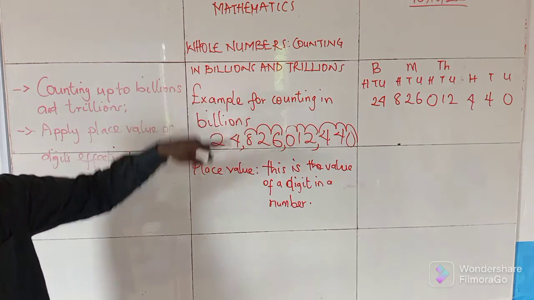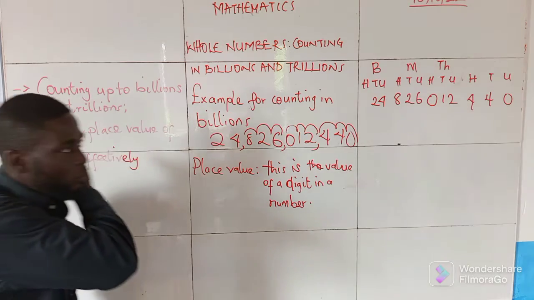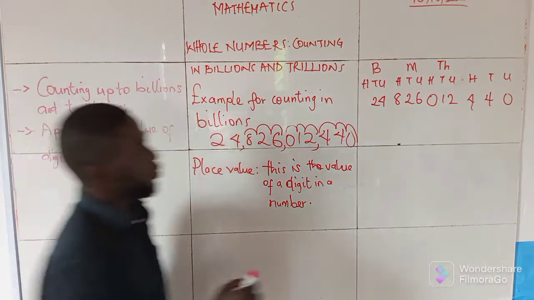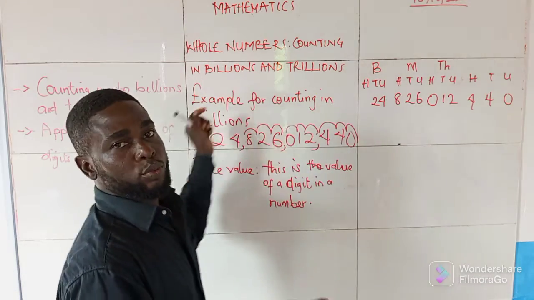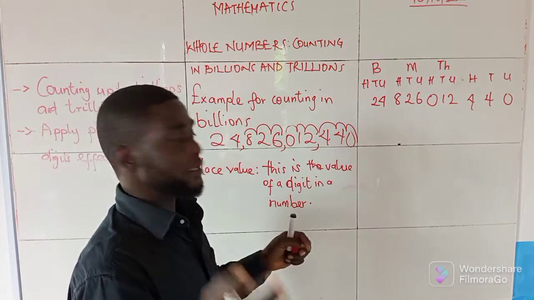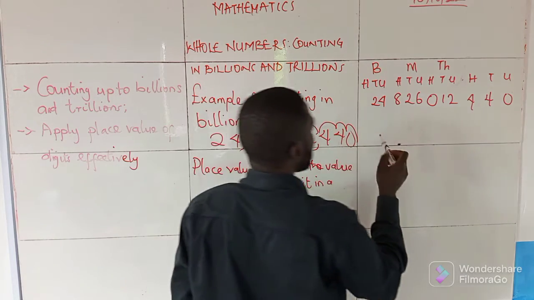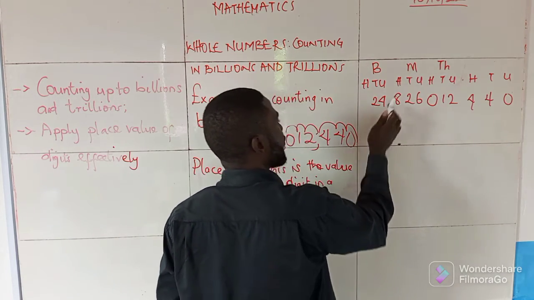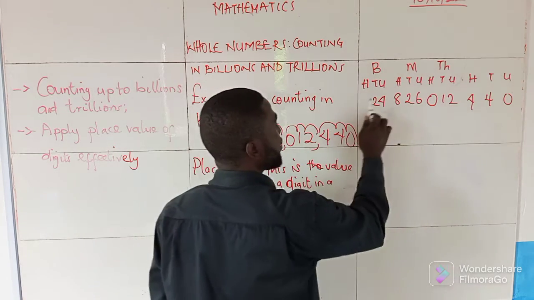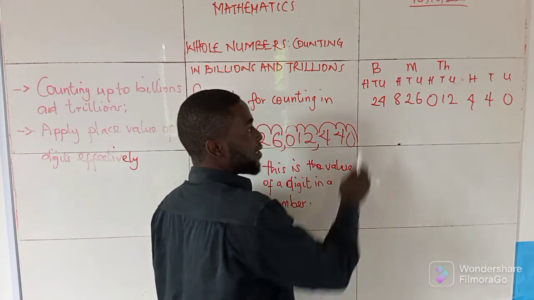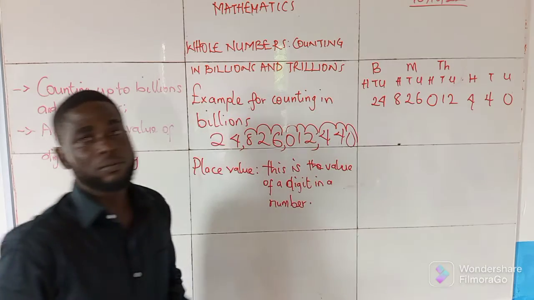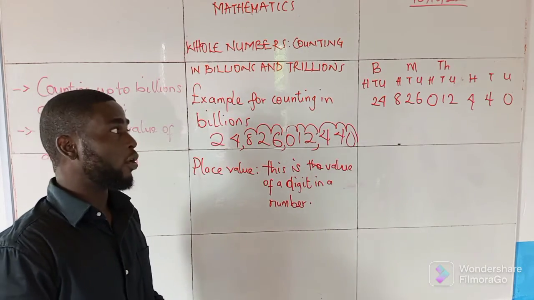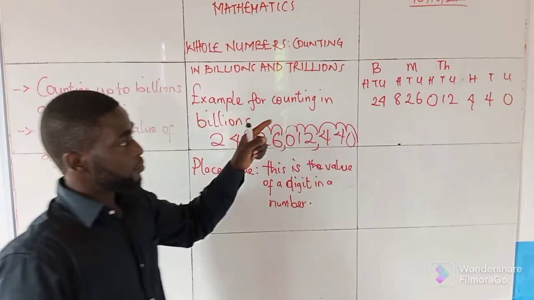And in doing that, I can now successfully name what number this is. So let's go. We'll start naming from the largest group to the smallest group. If you're ready, let's do this together. This is 2 tens and 4 units. It means this is 24. And 24 is under the billion group, so it is 24 billion.